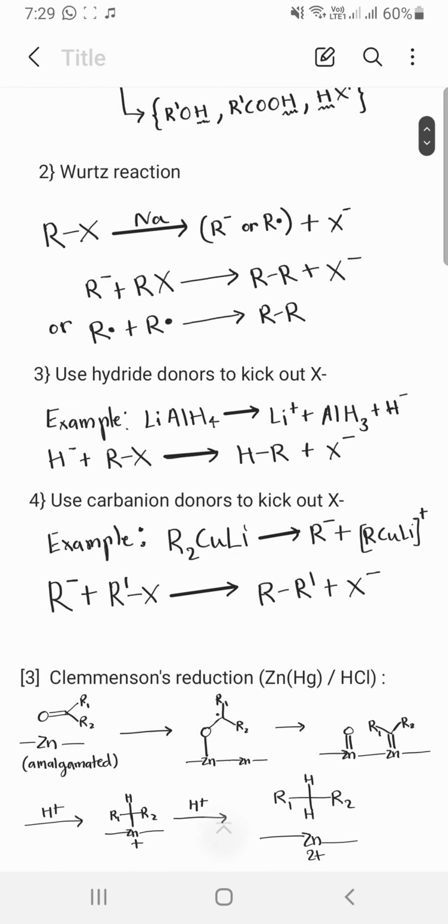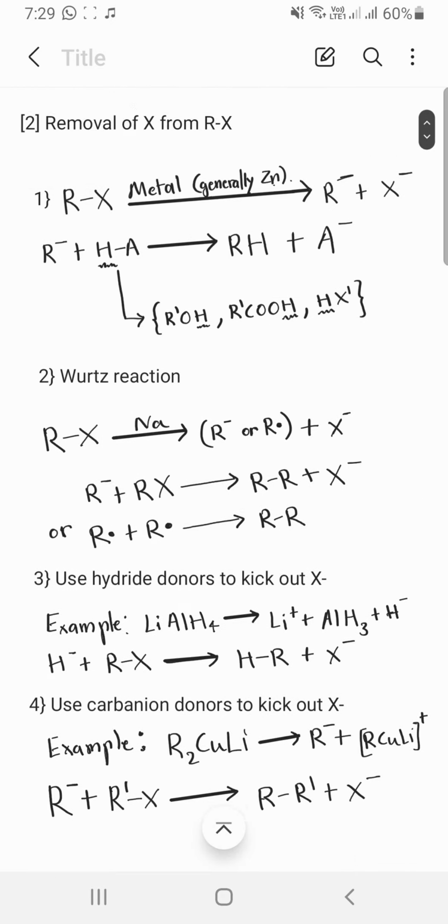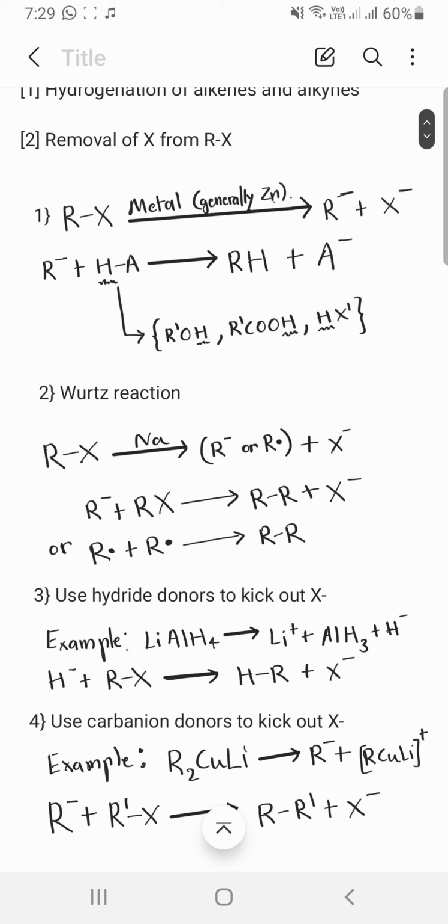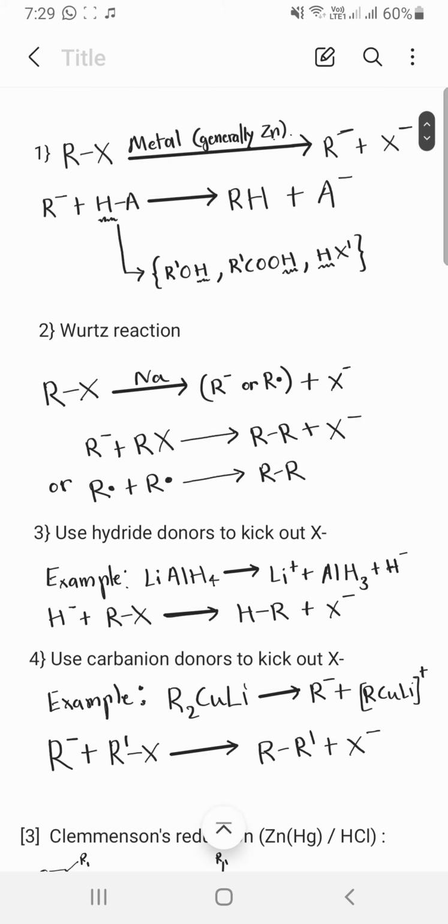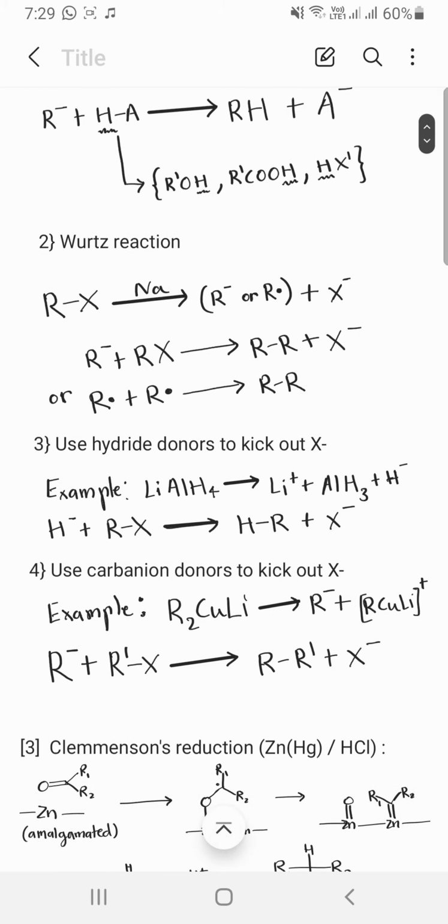So used for symmetrical alkane creation, right? If there is more than one reactant, more than one RX, then there's going to be even more complex kinds of molecules, right?